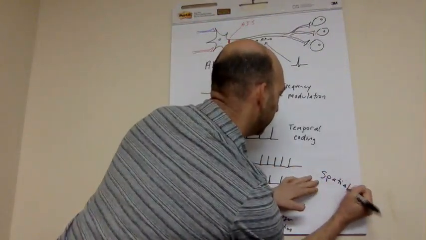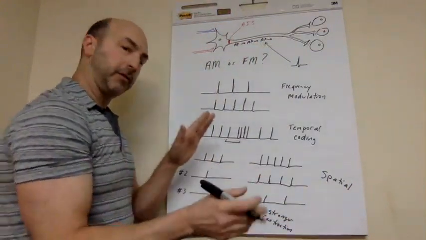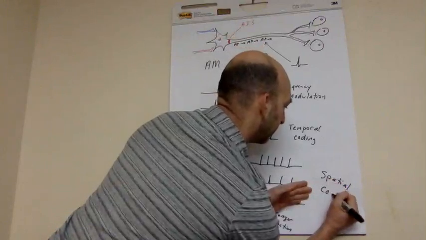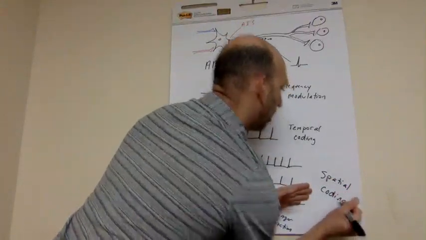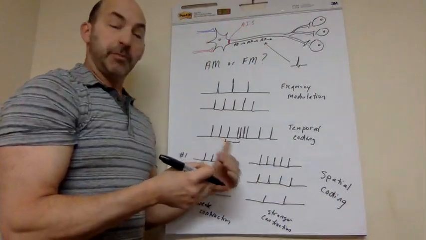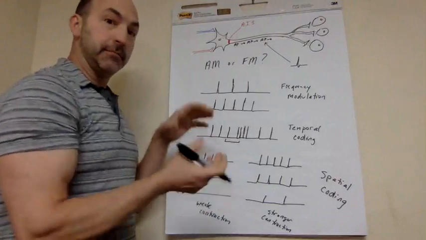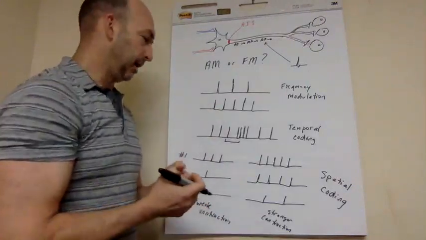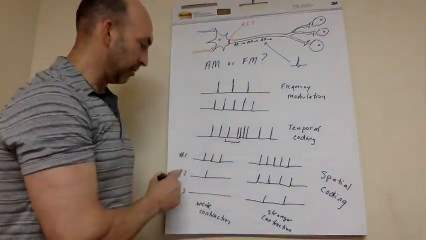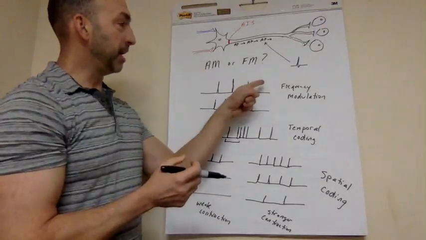Remember, spatial means in space. So our 3 neurons are innervating target cells in different locations. And again, commonly seen in skeletal muscle control, where groups of skeletal muscle fibers are activated in bunches, in populations innervated by separate neurons. Okay, we've got frequency modulation.